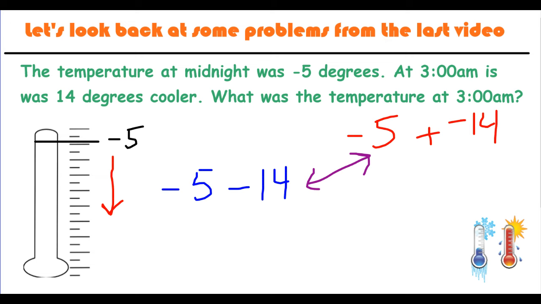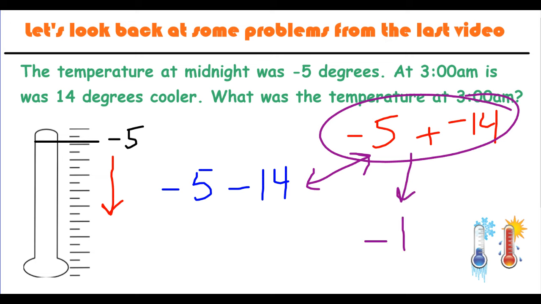Now we know initially, because we've worked with adding negative numbers, how to operate with -5 plus -14, and have found that that's -19, because we're taking steps in the same direction away from 0. We are now 19 degrees below 0. The same thing can be said of -5 minus 14.